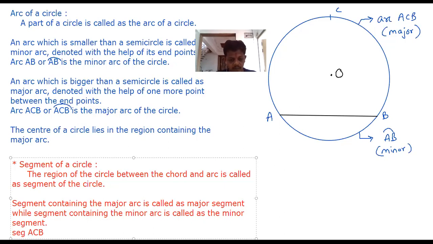Segment ACB is the major segment. Segment AB is the minor segment.